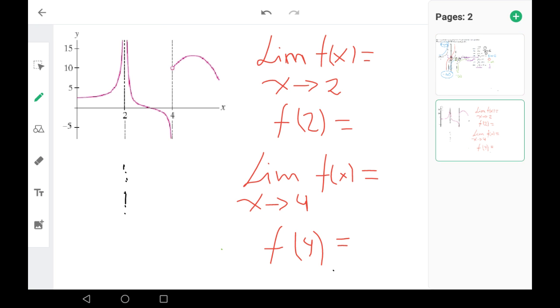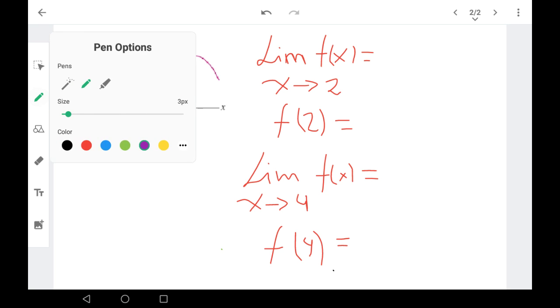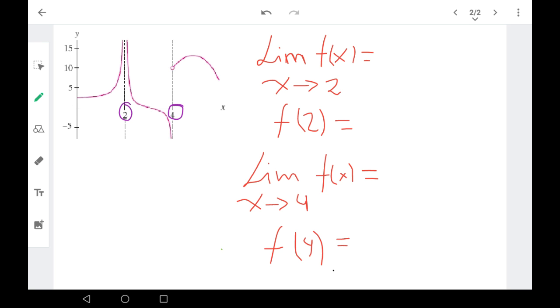Now, let's move on to the next exercise. So here, guys, we have another exercise where I want to analyze what is happening at this point and also at this other point, right? So the limit of f of x as x approaches 2.